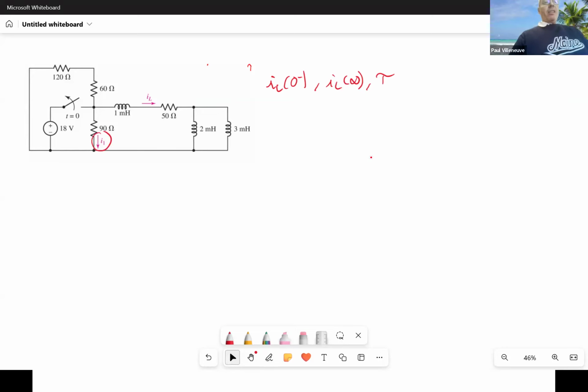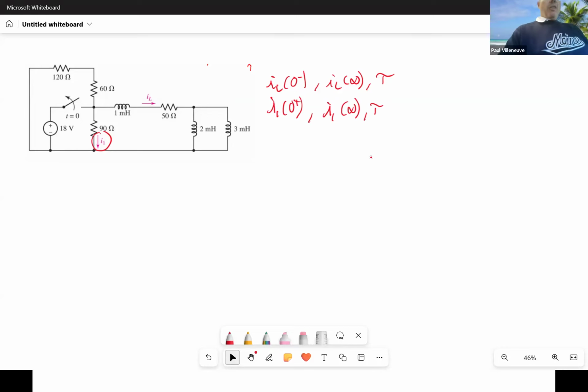This current here is through a resistor, right? That current can instantaneously change, can it? So I need I1 of 0 plus, I1 of infinity, and also tau seen for that circuit. And we'll see if those taus are different or not.